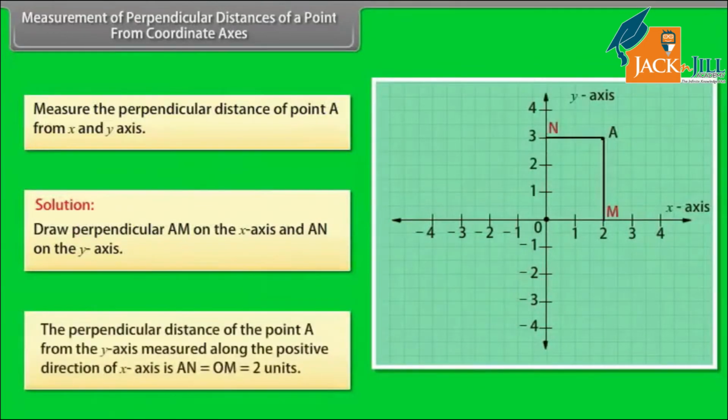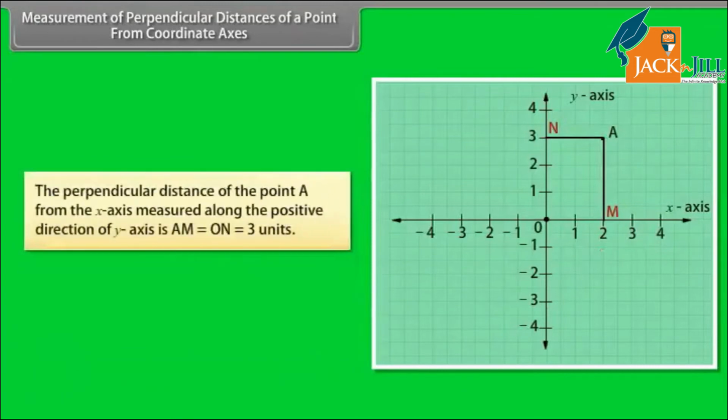We can see that the perpendicular distance of the point A from the y-axis measured along the positive direction of x-axis is AN = OM = 2 units. And the perpendicular distance of the point A from the x-axis measured along the positive direction of y-axis is AM = ON = 3 units.